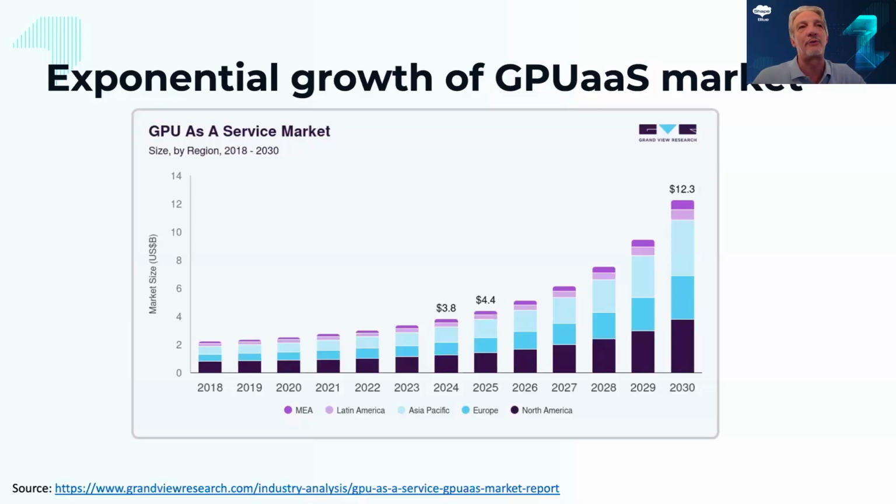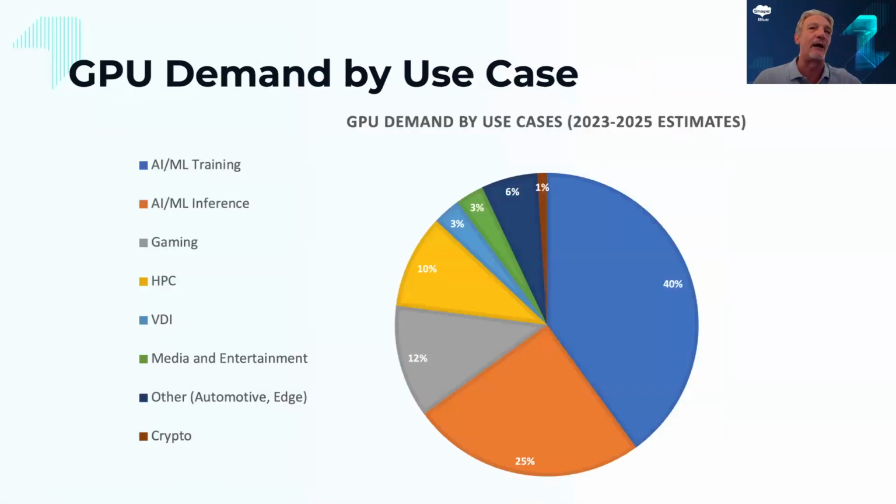In 2030, a market with a size of 12 billion US dollars. This growth is global and well distributed across different continents. You can see in the graph that each continent has similar growth over time. This growth is driven by a few use cases that I will show right now.